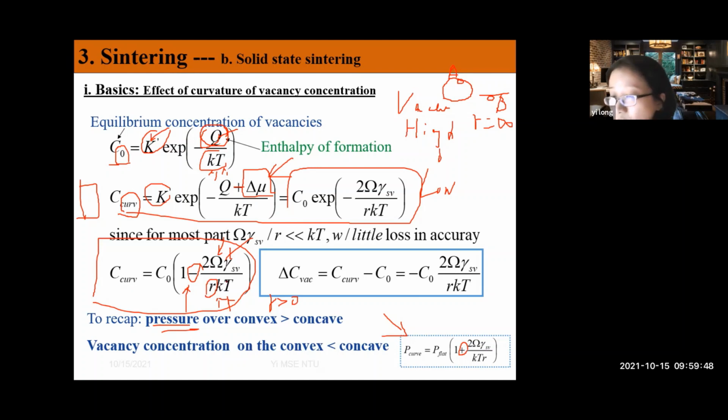So no matter what, since R is larger than 0, is C curve supposed to be larger than C naught or less than C naught? Larger or smaller? Can you type? If R is larger than 0, is C curve supposed to be larger than C naught or less than C naught?